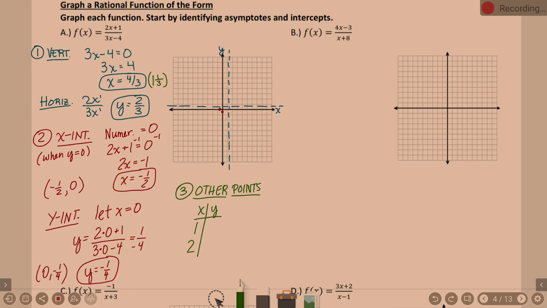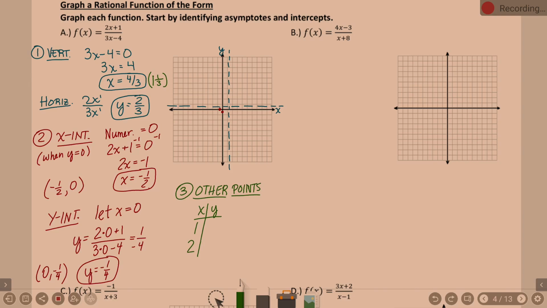Are you with me on that? The whole number to the left of that is 1. The whole number to the right of that is 2. And this will confirm where points are. Now, I would argue the 1 is going to put me down here somewhere. But it might be helpful. The 2 should put me up here. And you can do more points.